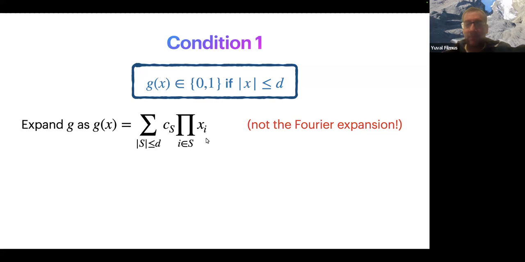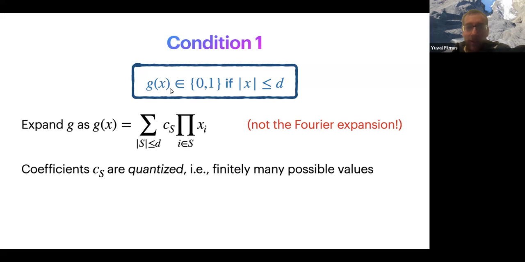I should stress, for those of you that know anything about Boolean function analysis, this is not the Fourier expansion. This is some other expansion. What this condition really means is that these coefficients c_S are what we call quantized. They cannot be arbitrary, but rather each of them belongs to some finite set of possibilities.